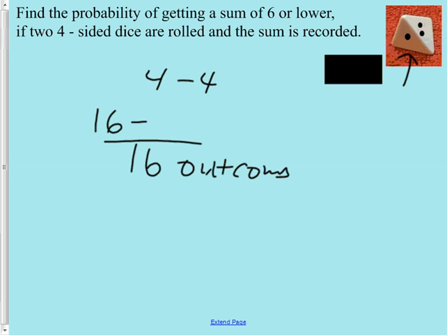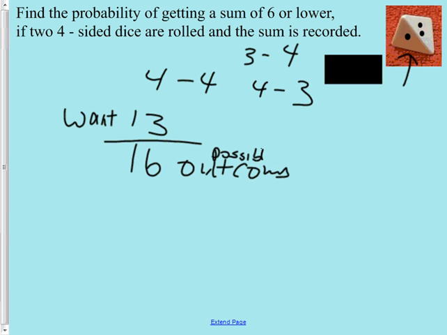You get what I'm saying? What else is not going to work? 3, 4, and 4, 3. Those are all out. Is there any other ones that are out? No. So then, if those are out, how many things would be 6 or lower? 13. So 13 out of 16. It's what you want over all the possible. What you want over possible. Try to keep remembering that.